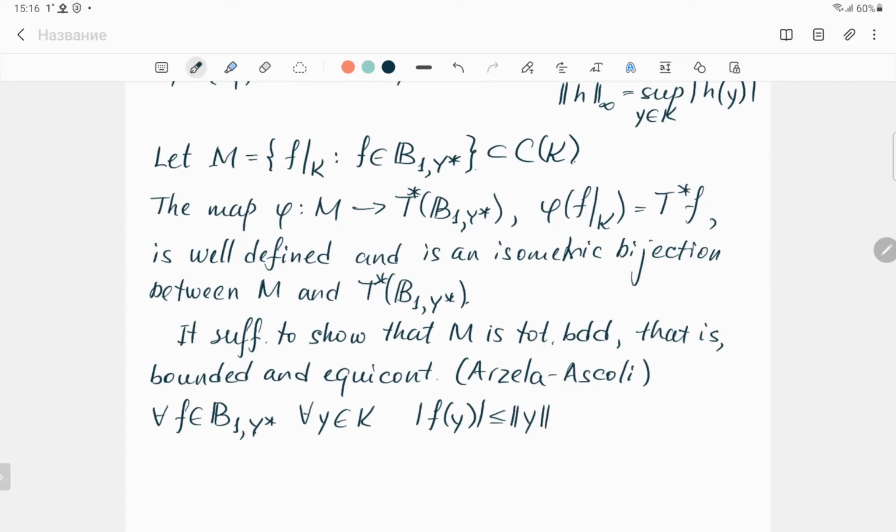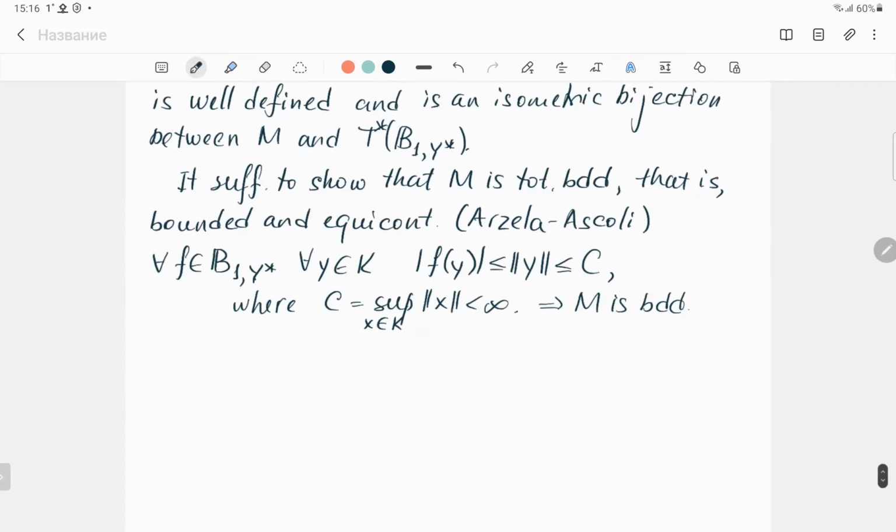And y runs over K, and K is a compact set, so it is bounded. So this is less than or equal to C, where C is just the supremum of all norms of elements in K. And this is finite because K is bounded. And so this implies that M is bounded for the supremum norm.